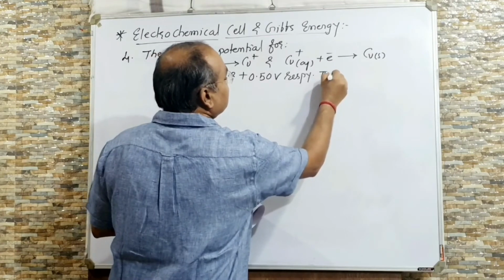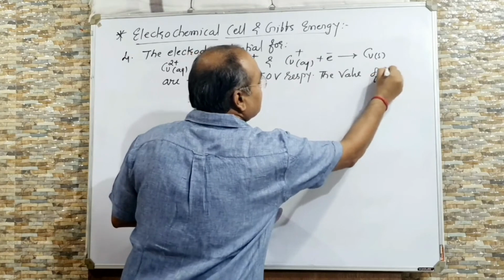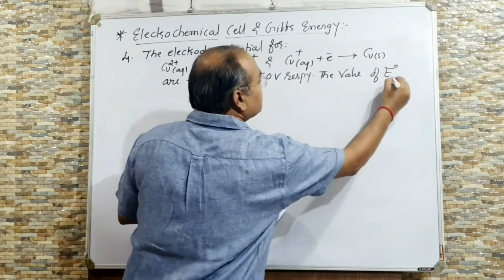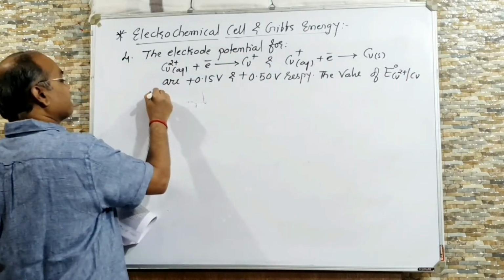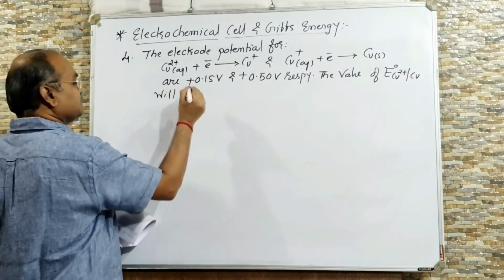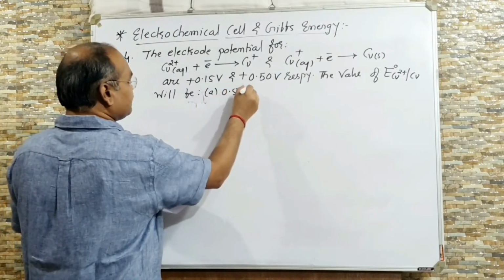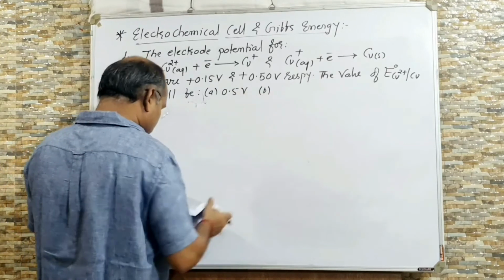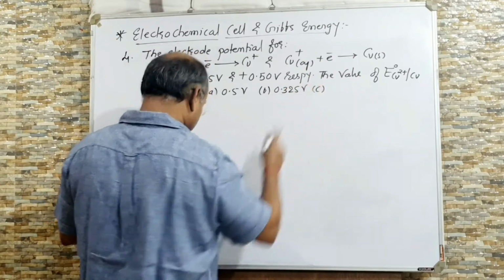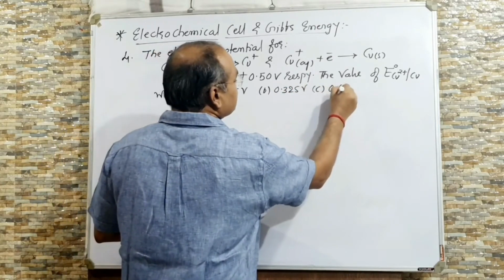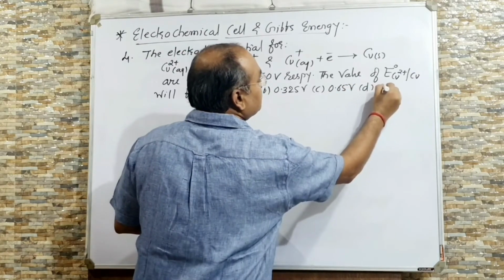The value of E0 Cu plus 2 oblique Cu will be, options are given: A 0.5 volt, B 0.325 volt, C 0.65 volt, and D 0.15 volt.